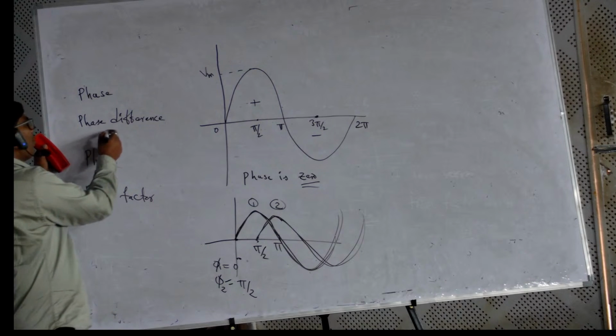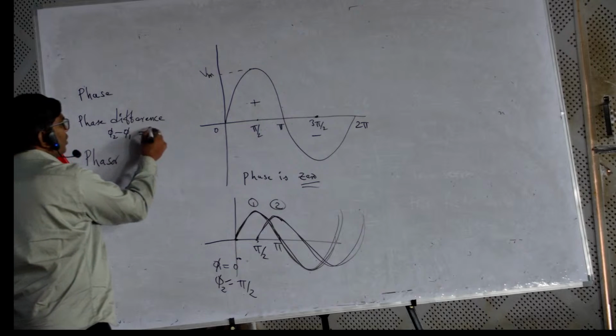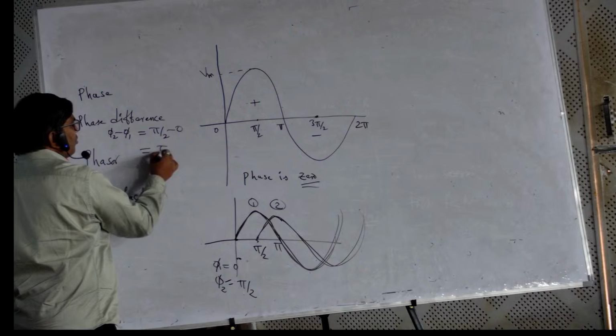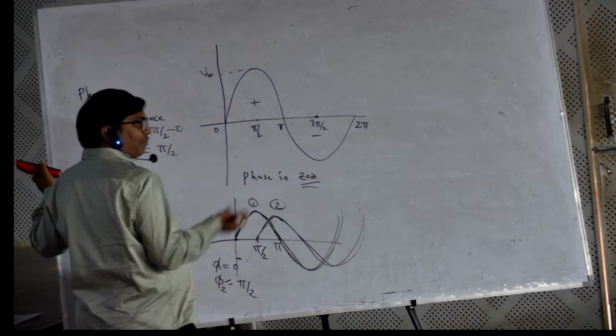So you may write phi 2 minus phi 1, equal to pi by 2 minus 0. The phase difference of these two waveforms is pi by 2. So we cannot measure the phase difference with a single waveform. You have to compare one waveform with respect to another waveform. For example, a third wave is there.